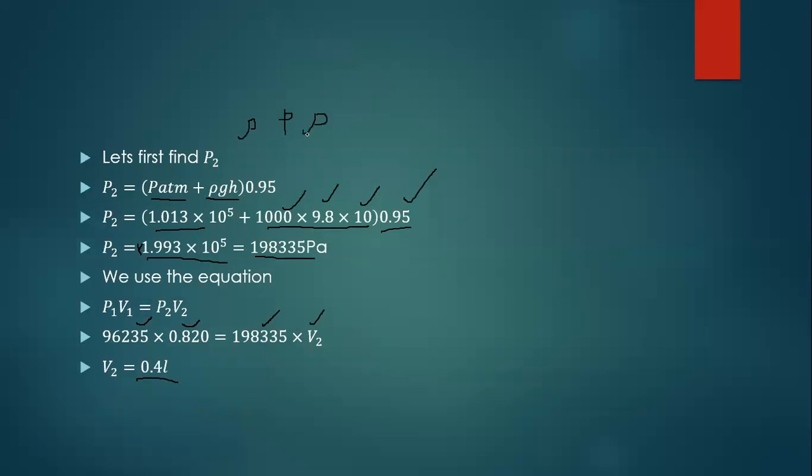It's a Greek letter called rho. And this is g, this is h, or we would have put d for depth, but we usually just put h. So this is how we calculate the pressure due to the depth of a liquid. In this case, it is water. So the reason we're multiplying by 0.95 is because we were told the pressure is 95% of the external pressure.